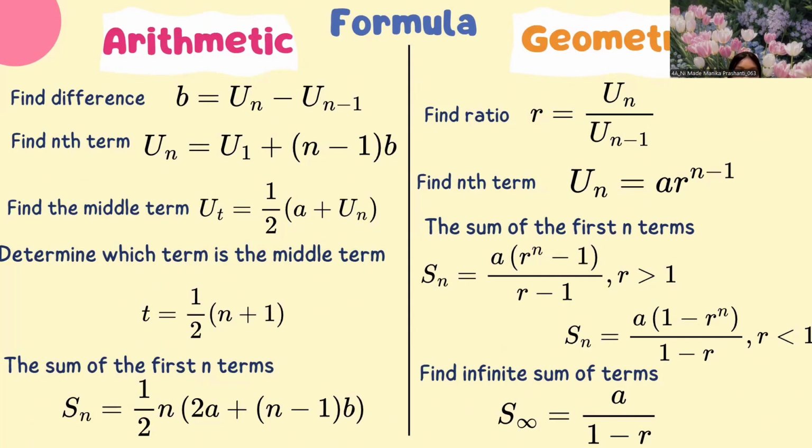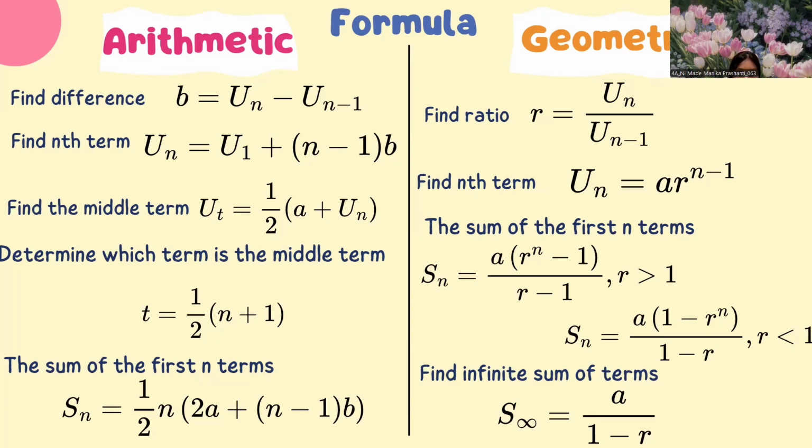Okay, next we find the nth term. In arithmetic, the formula is Un equals U1, or we can call it a, plus n minus 1 times b. But in geometric, to find the nth term, we use the formula Un equals a times r to the power n minus 1.